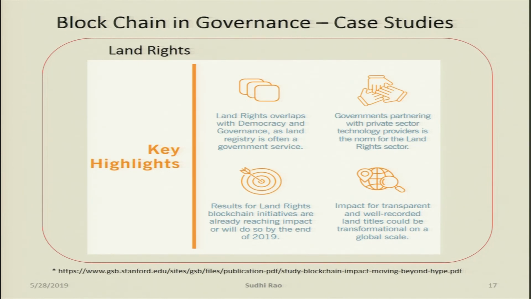Historically, as human beings evolved, there was no concept of land rights. Anybody could go anywhere and occupy whatever land we wanted. As governments gained more and more control over governance, as nations formed, this concept of land rights came, and it became necessary to maintain who owns what piece of land, how land rights should be governed, under what conditions governments can take over land, and under what conditions land can be sold to parties.